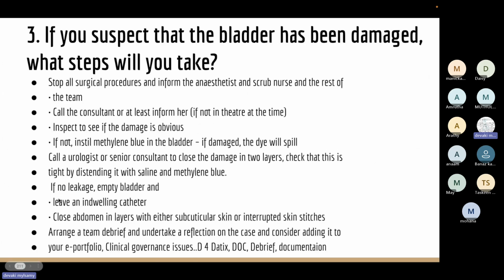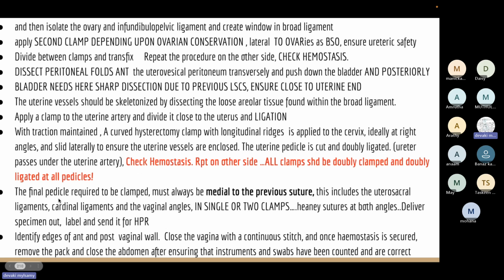WHO sign-out will be completed here, and the abdomen will be closed by routine steps, where peritoneum will not be closed, skin will be closed, and subcutaneous tissue will not be closed if less than 2 centimeters. If more than 2 centimeters, we can close the subcutaneous tissue also, with consideration of a drain.